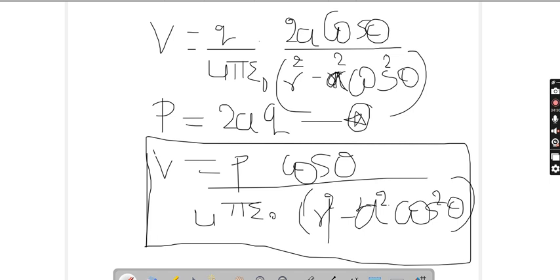Okay. So for a short dipole, here R is greater than A only. For a short dipole, R is greater than A only.